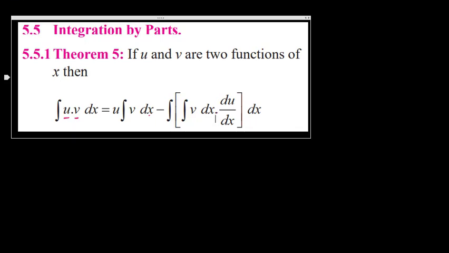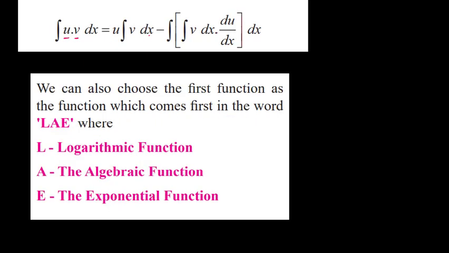Here I have a clue for which function you should take as u and which as v. In the LAE format, whichever function comes first will be u, and whichever comes later will be v. For example, LA means in your product you have one logarithmic function and one algebraic function.